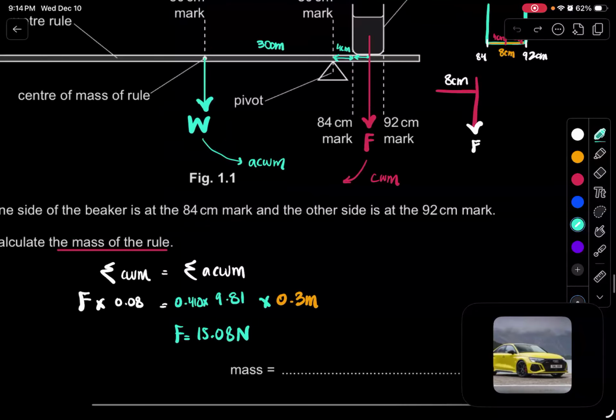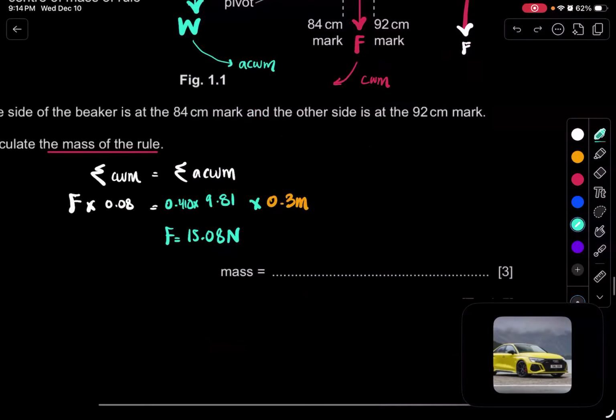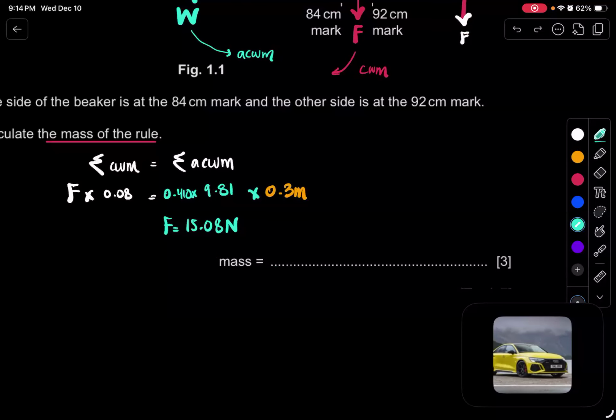This is the weight of the ruler. But what is the mass of the ruler? You again divide by 9.81. Then it's going to be 1.53 kg.